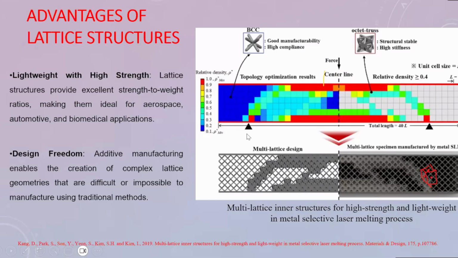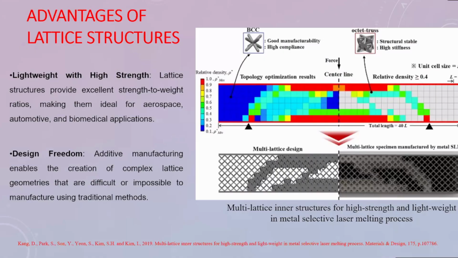So this is how we can implement functionally graded lattice structures in this particular element. You can see this multi-lattice design here. Multi-lattice means there are two different lattices present here. Here you can see the strut size which is minimum, or the BCC element which is present here.